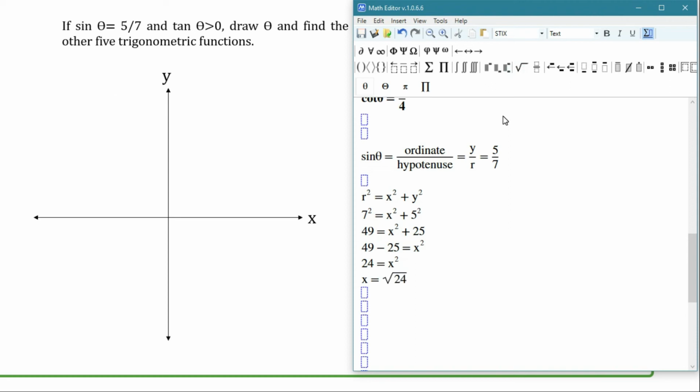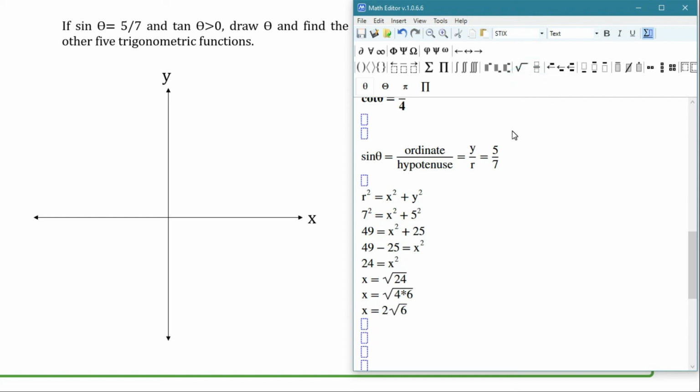If we simplify the square root of 24, we can have x equals the square root of 4 multiplied by 6. And if we simplify that, the value of x would be 2 square root of 6.